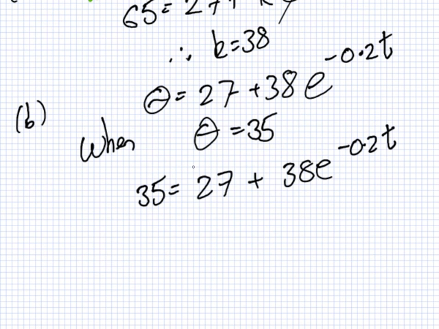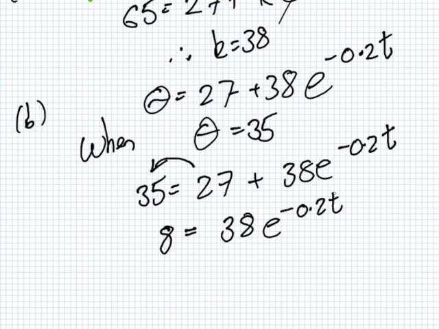So if I bring the 27 over here, I get 8, don't I? What should I do next? Logging both sides. Not quite yet. Yeah, bring the 38 down first.